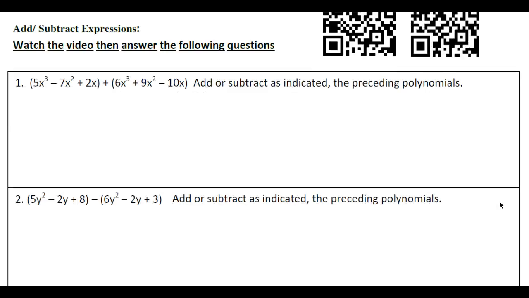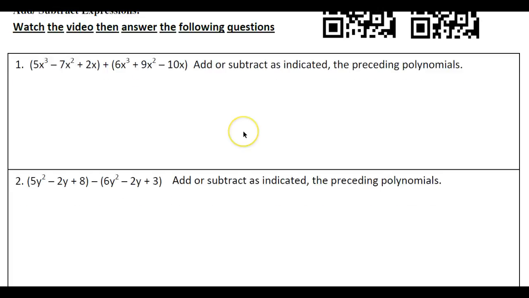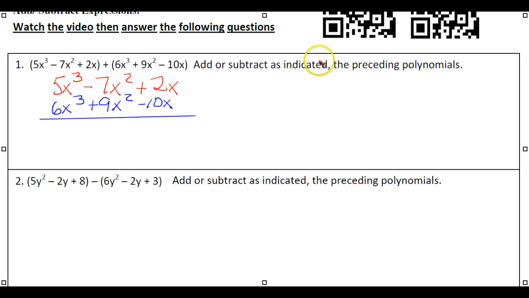Now, in this next page, page 28, we're asked to add or subtract as indicated the preceding polynomial. So I'm going to suggest a way to do this, and I'll set it up for you. The strategy for these, I believe, is to put your terms in like term columns.